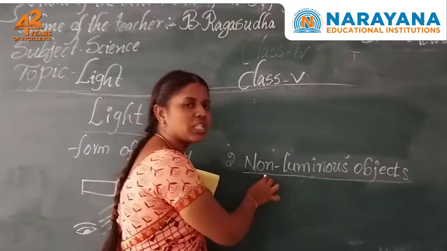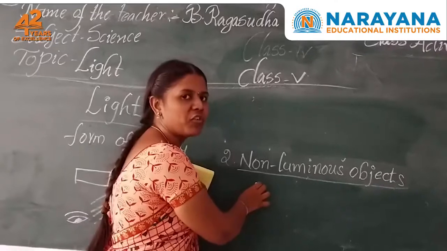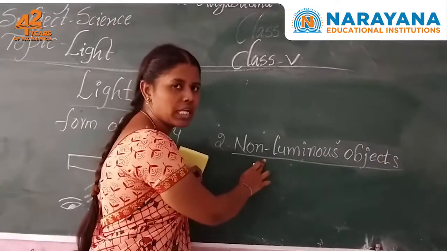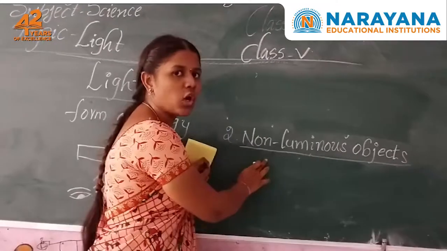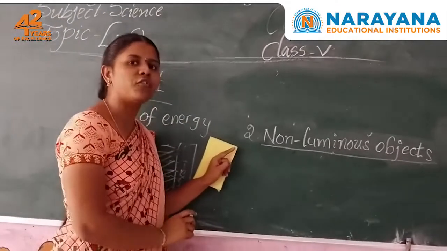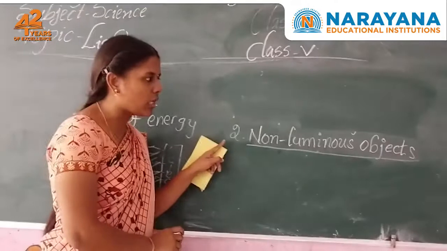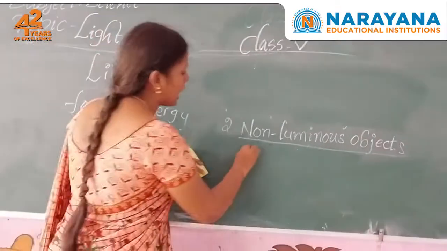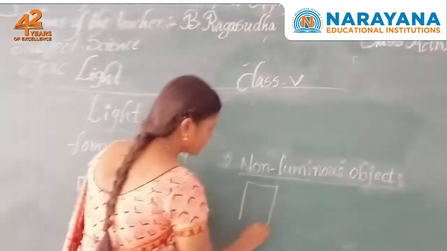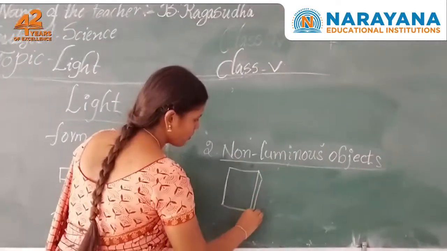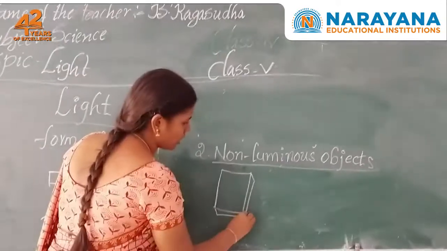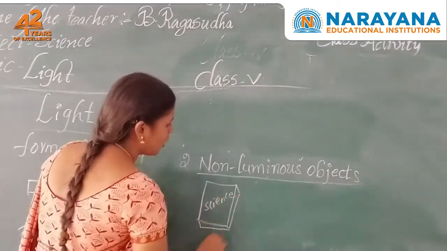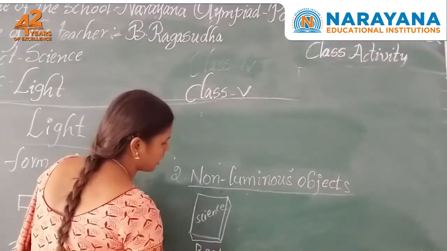The objects which are not capable of giving out light are called non-luminous objects. For example, take one book. The book does not emit light, so it is called a non-luminous object.